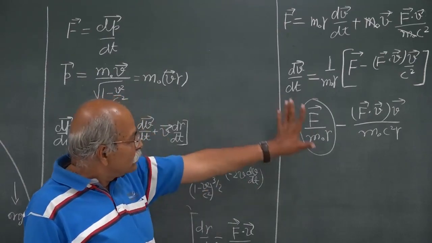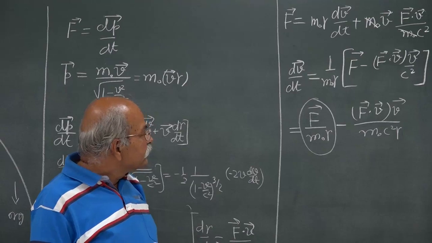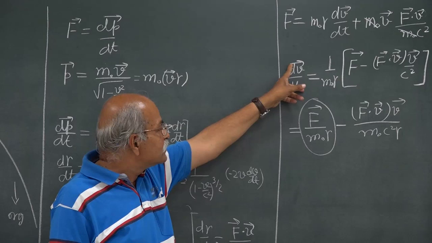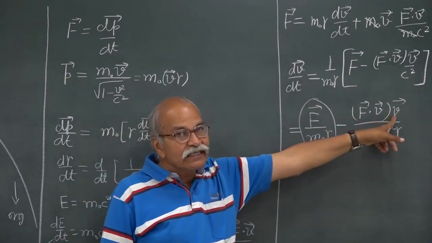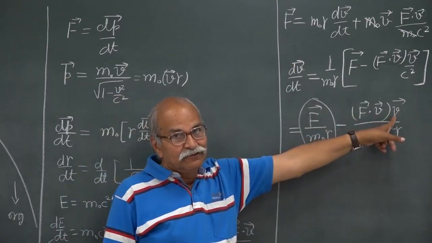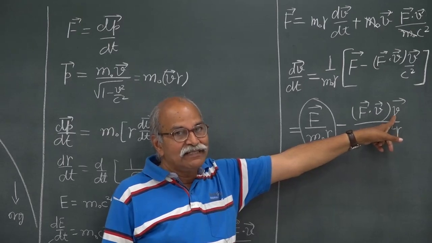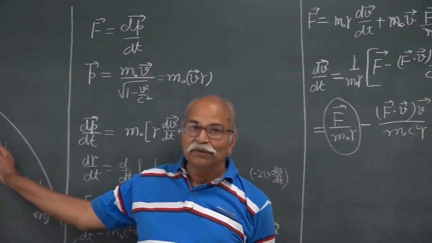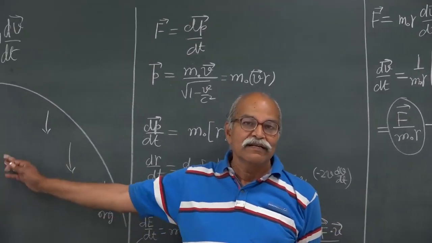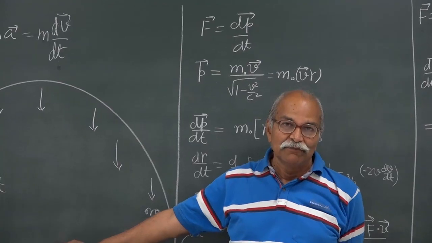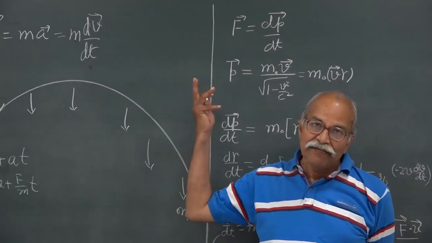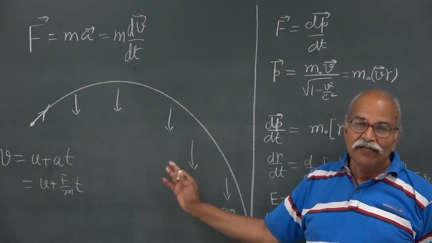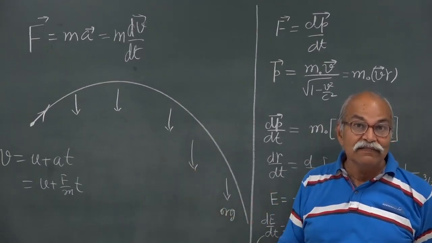Now, if you look at this equation, the first thing is that dv/dt, the acceleration, also has a term in the direction of the velocity. Force need not always be in the direction of velocity. In the projectile case also, force is always in the vertically downward direction, but the velocity is very different. In this picture, nowhere is the velocity in the vertical direction. So, F and v are not parallel to each other.